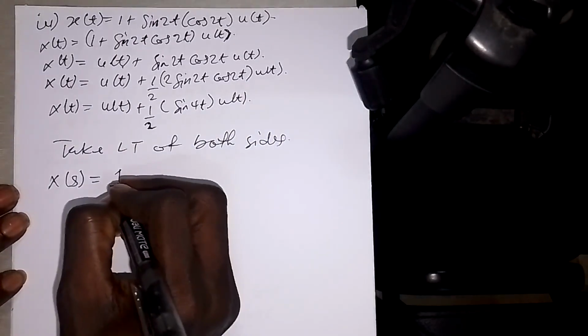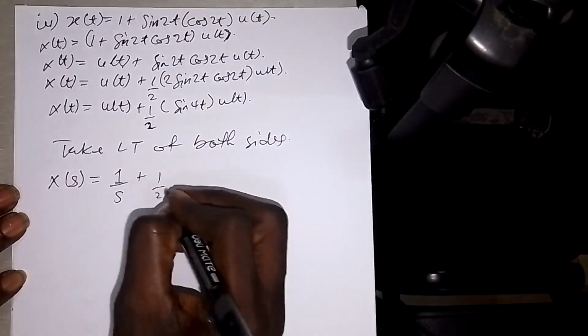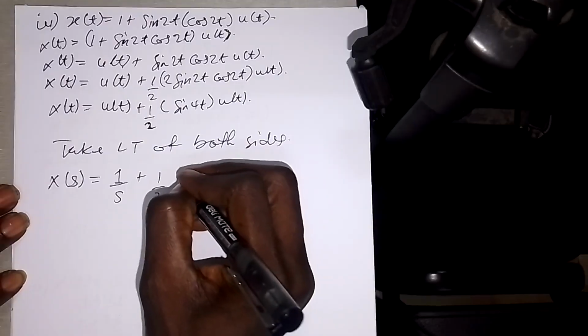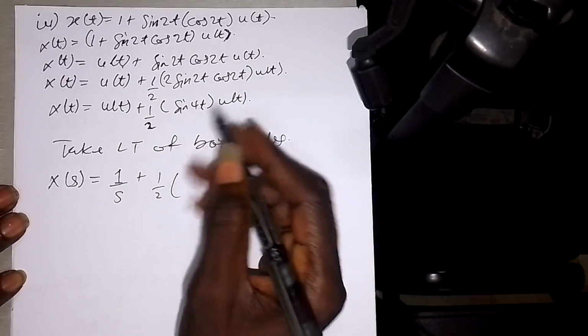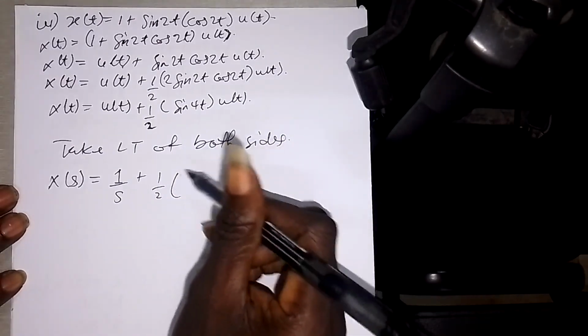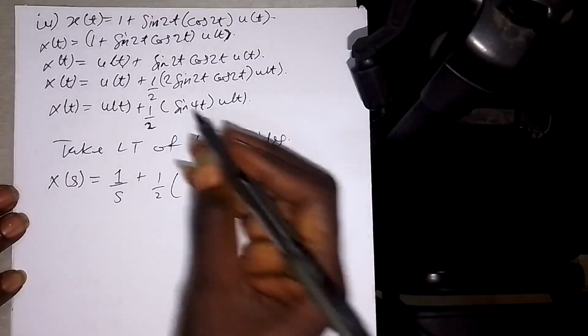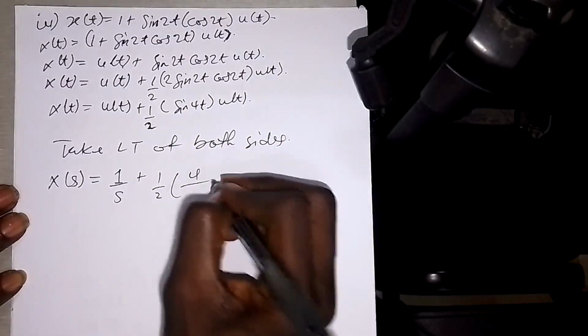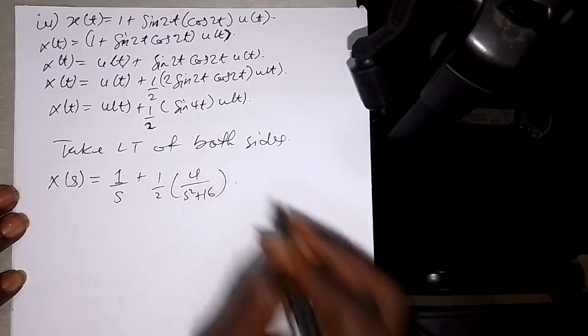You can visit our previous lectures and then you will know it. So here plus 1 over 2, and then here I'm going to take the Laplace transform of sine. Sine is omega over s squared plus omega squared. So here omega is 4. So I'll have 4 over s squared plus omega squared, so 16.